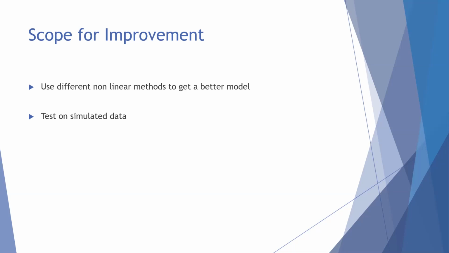So to handle the data set more efficiently, I have to go back to the pre-processing part and make some more changes maybe. And another scope of improvement would be to test on simulated data, some real-time data, as sir had also mentioned during the lecture. Thank you.